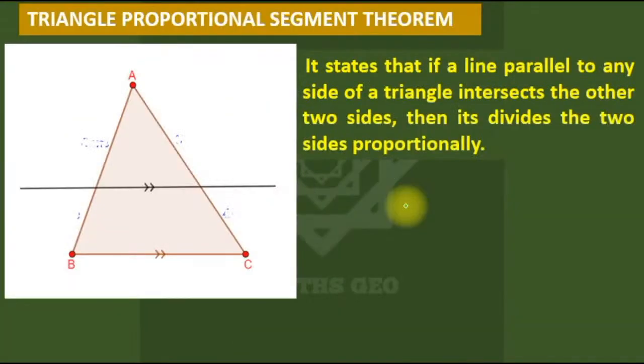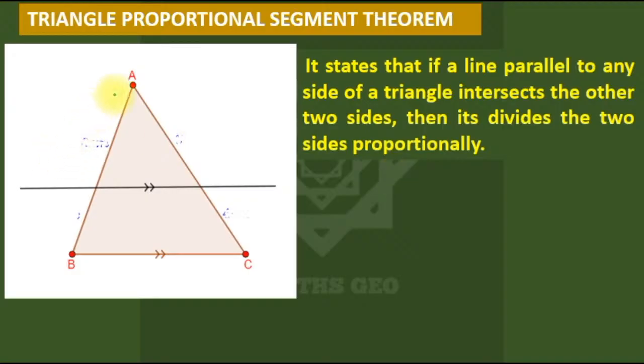So we're on the triangle proportional segment theorem. It states that if a line parallel to any side of a triangle intersects the other two sides, then it divides the two sides proportionally.